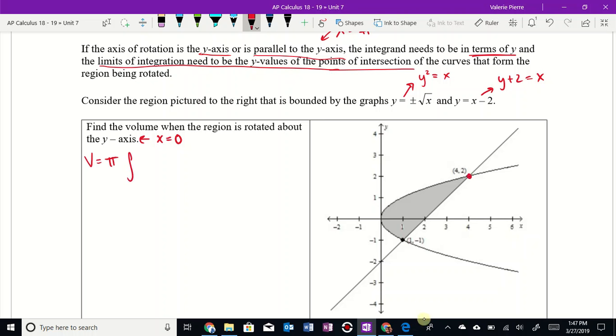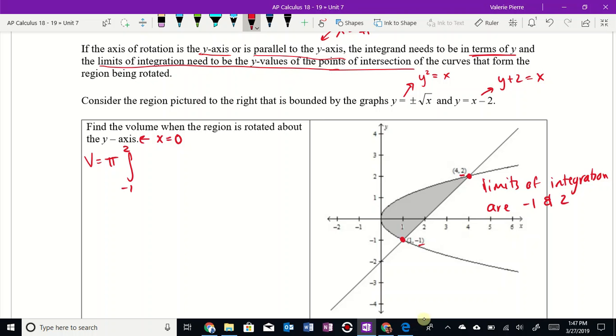So our limits of integration come from our points of intersection, and they come from the y values of those points of intersection. So my limits of integration are -1 and 2. So from -1 to 2.